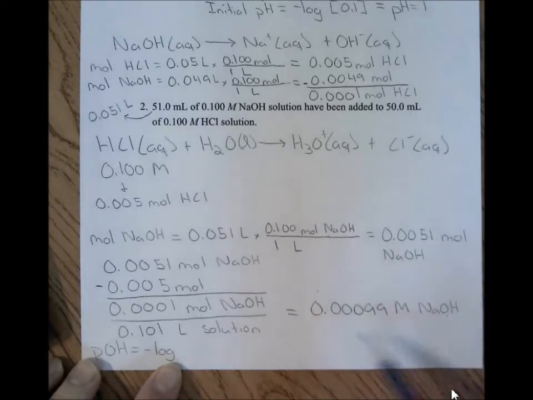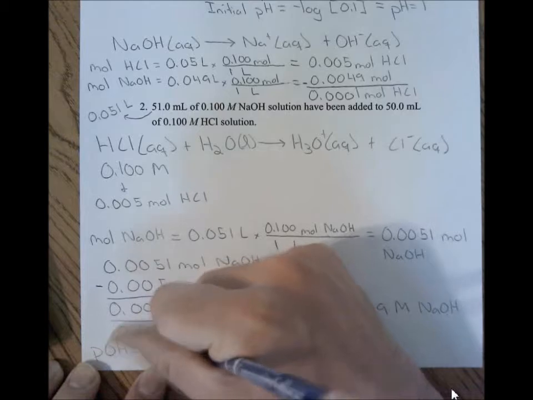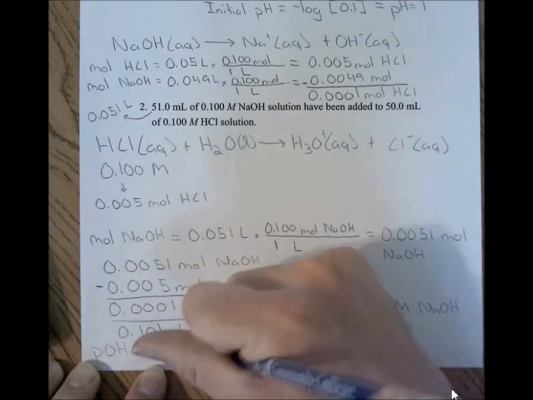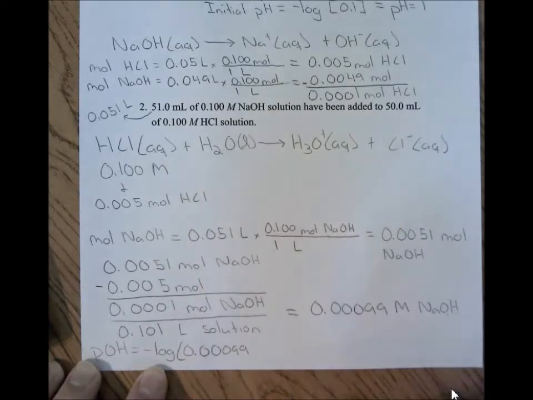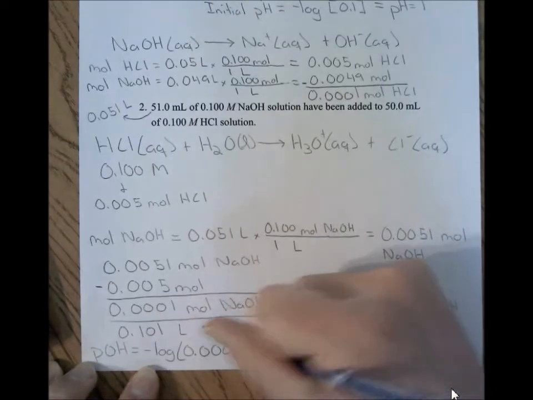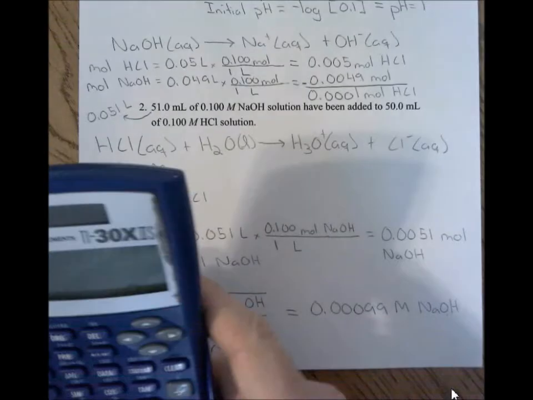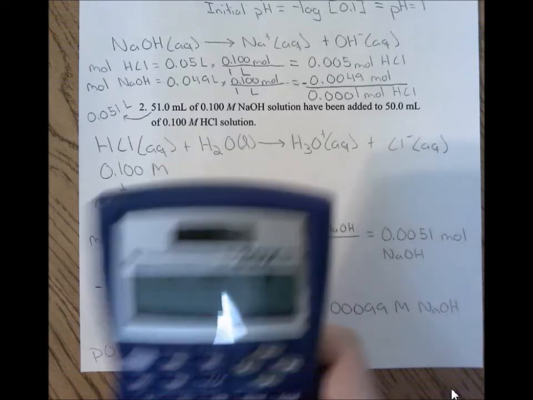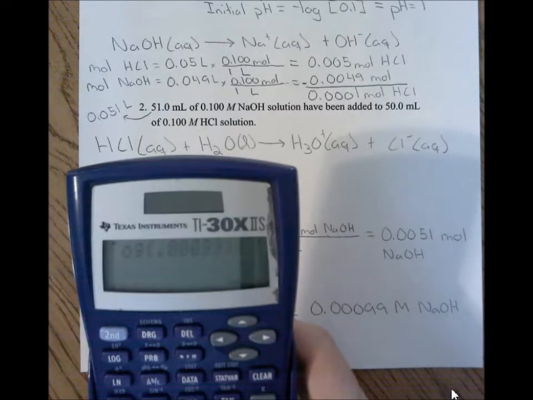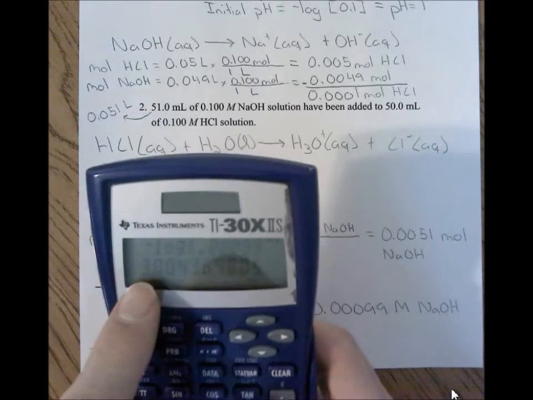We get the negative log of 0.00099, close the parenthesis, and we get a pOH of 3.00.